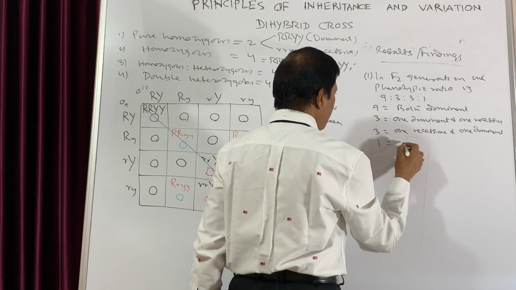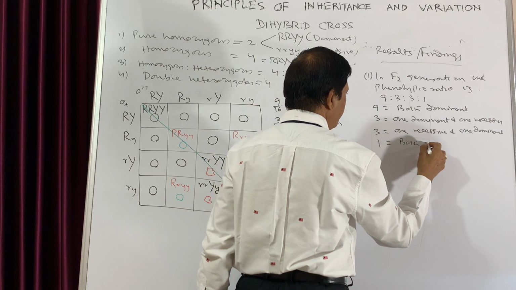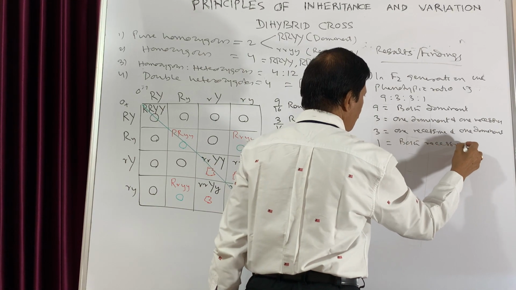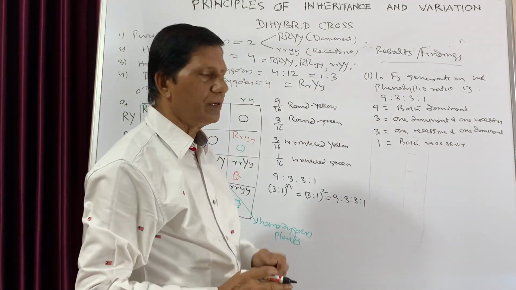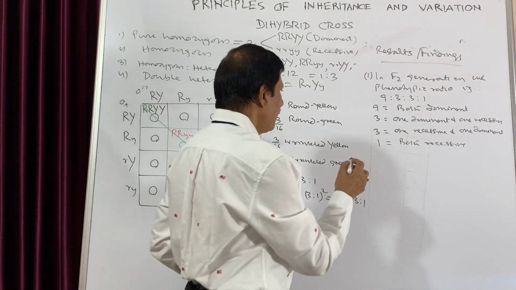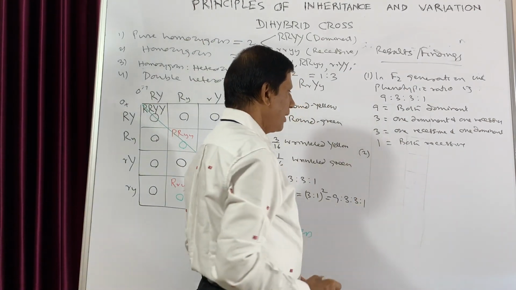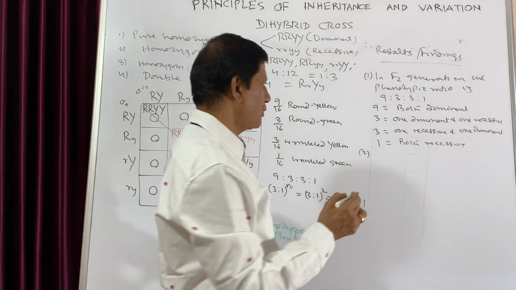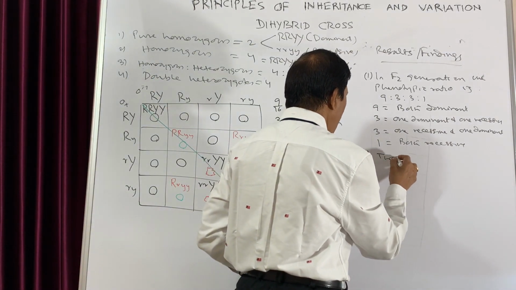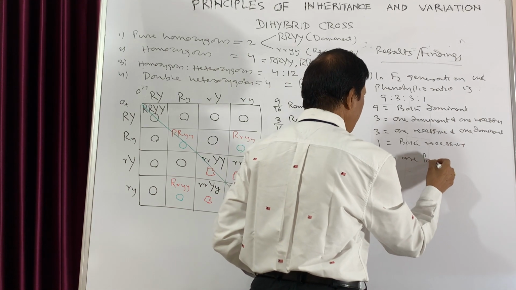And at one place, both recessive. So these are the findings of Mendel's dihybrid cross. This is one. Number two, in the F2 generation, the plants which we obtained, out of these, two are parentals.